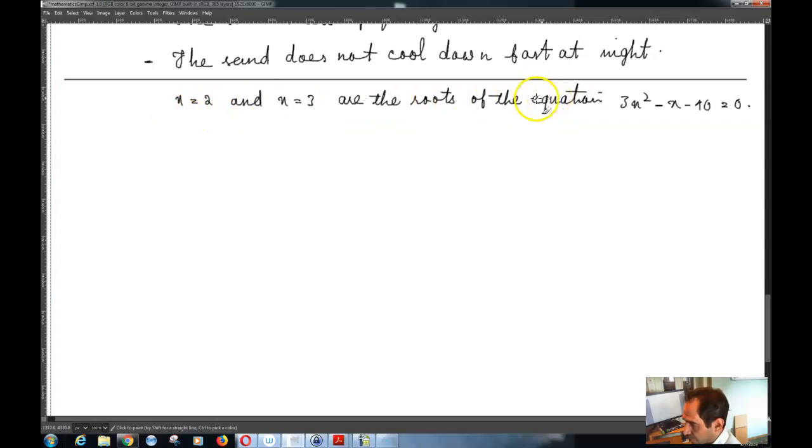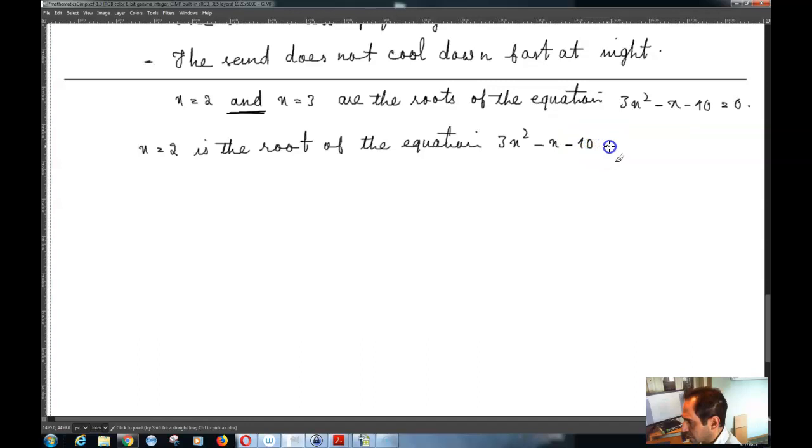So then the connective is and here, and the component statements are x is equal to 2 is the root of the equation 3x squared minus x minus 10 is equal to 0, and x is equal to 3 is the root of this equation. So that's basically that.